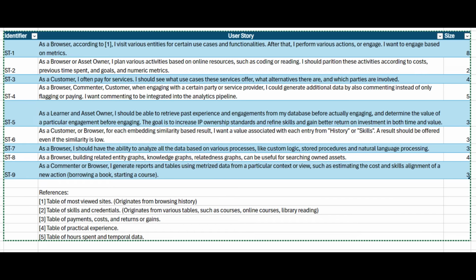So story 8 builds entity graphs, knowledge graphs, relatedness graphs. Of course, it has a size column with value 4.